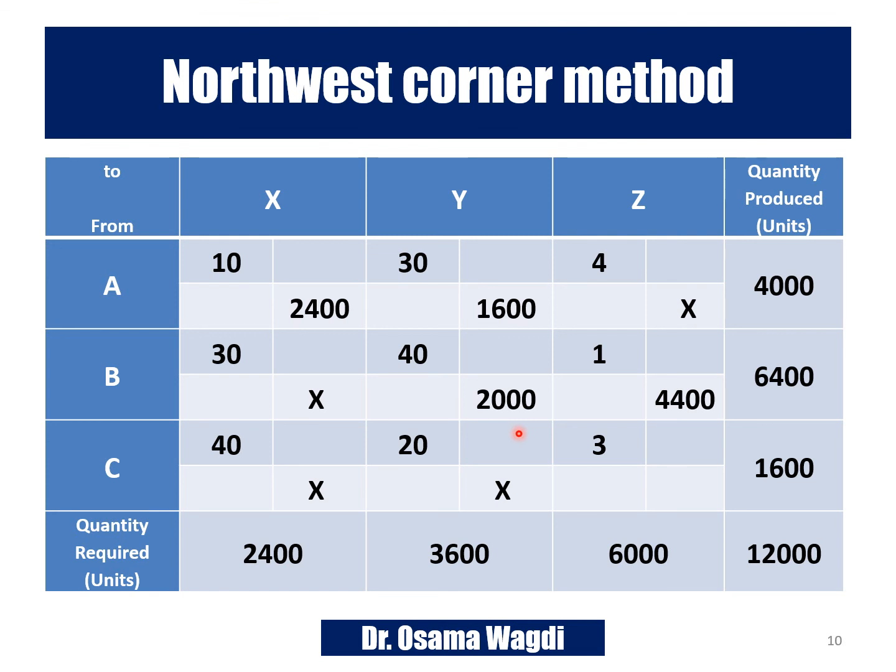When I make any comparison between the quantity requirement row or the quantity produced column, when I choose the least one, I should subtract from the bigger one. Like here, when we chose the 2000 instead of 6400, we should subtract the 2000 from 6400, so we remained with 4400. So I should put a small line over the old number and write down the new one, which is, like I said, 4400.